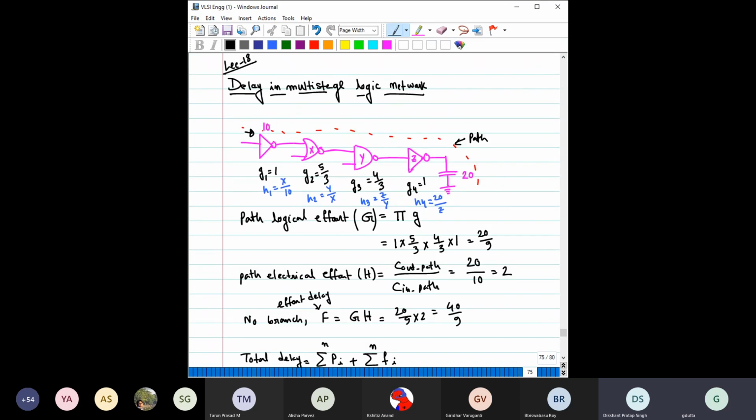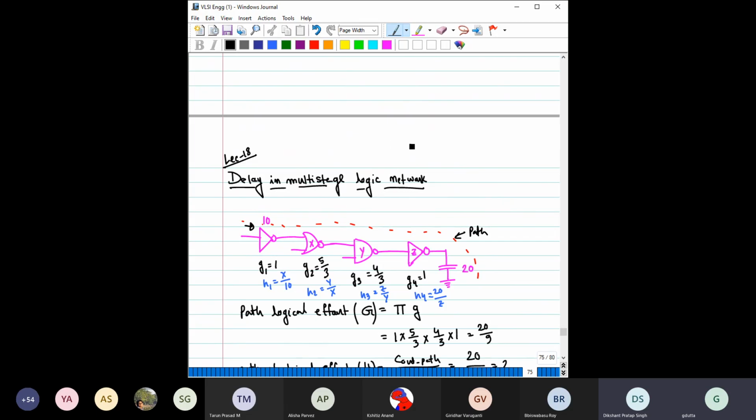If it is a chain of inverters driving a load CL, and suppose this is 1, then you multiply it with f, so this size becomes f, then multiply again by f, so this size becomes f squared.